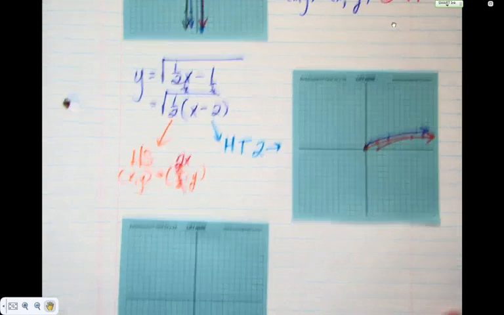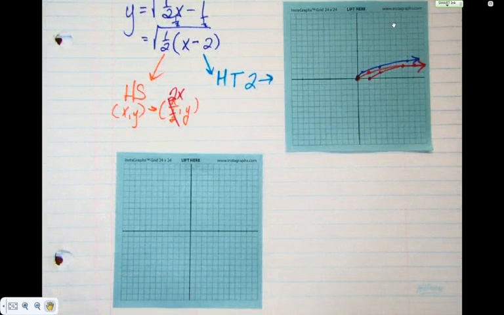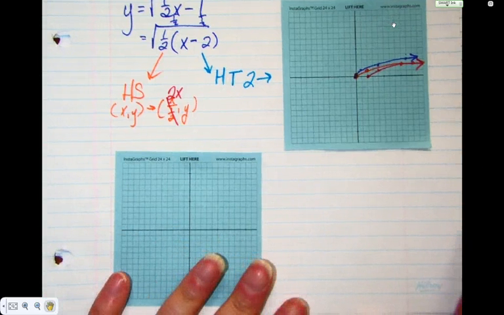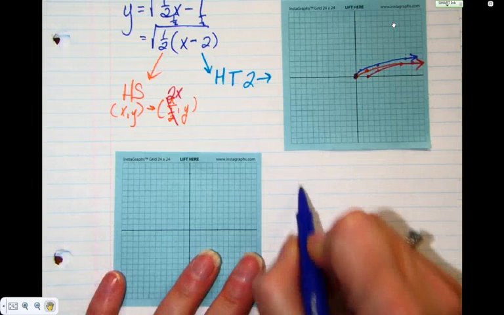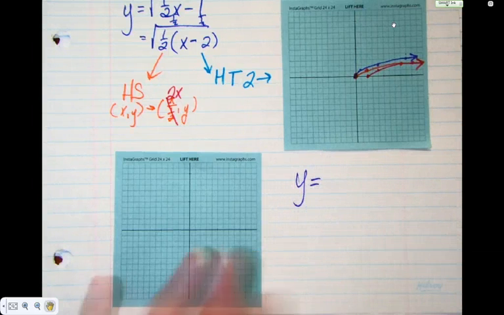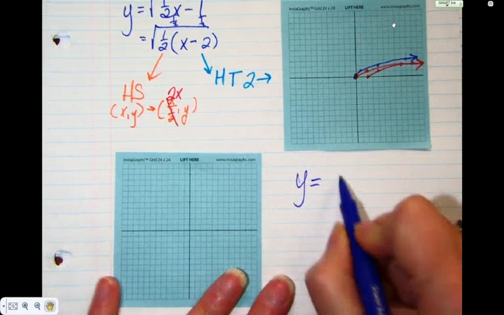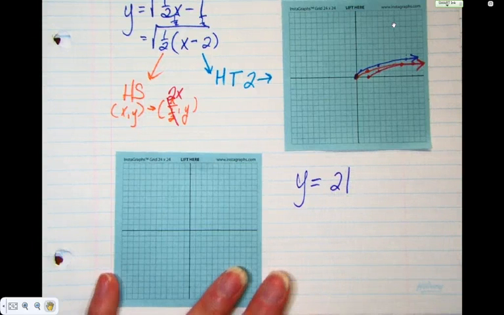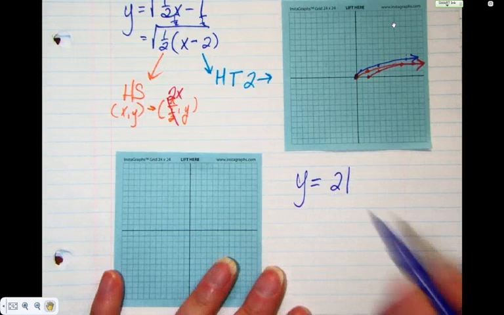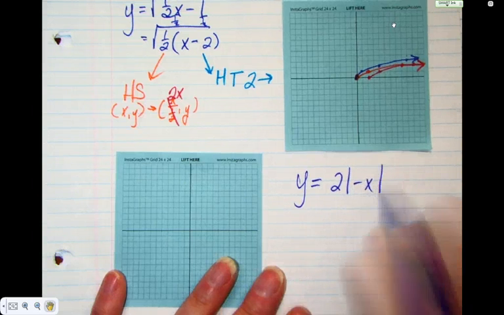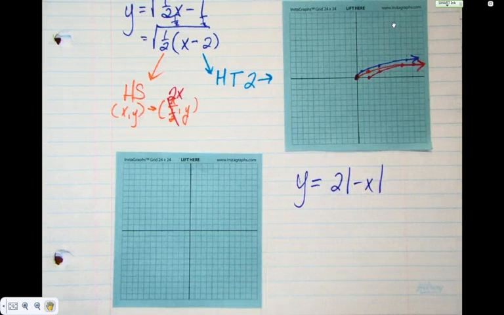The last example, is there anything particular you want to practice? Nothing? Okay. Let's do an absolute value. Why not? The absolute value of negative x. Okay, so draw the base graph.